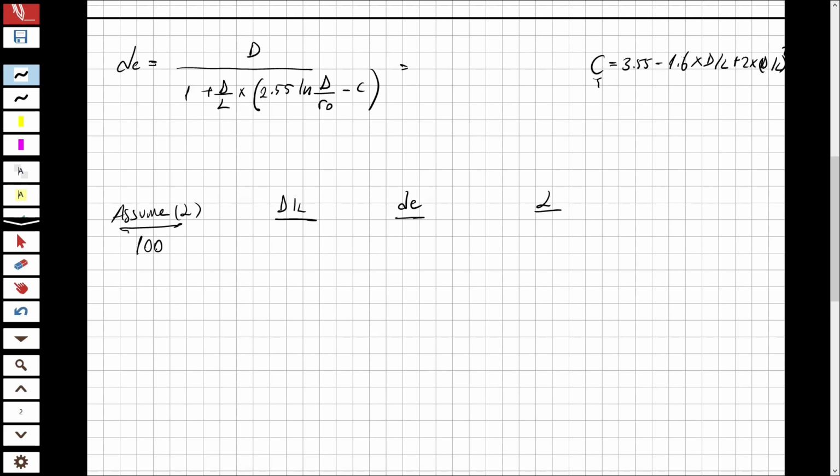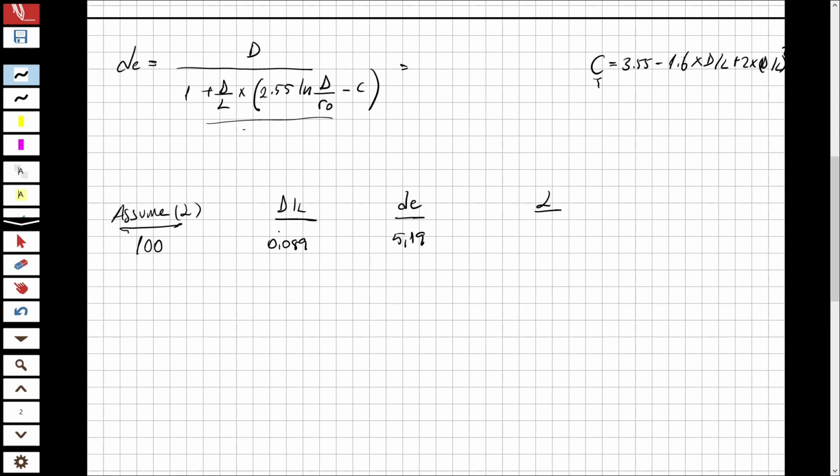From the d over L value we are going to obtain 0.089, and from that when I rewrite this equation, I'm going to obtain the de, the equivalent depth, 5.19.